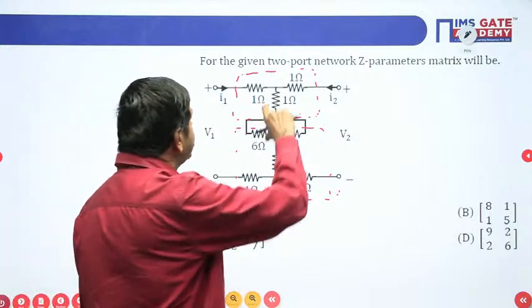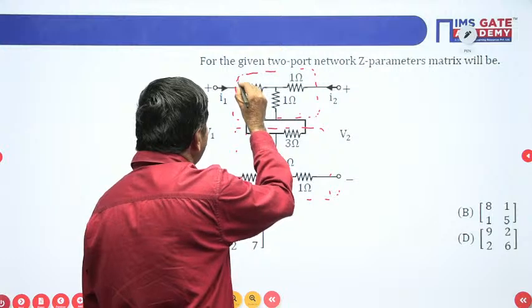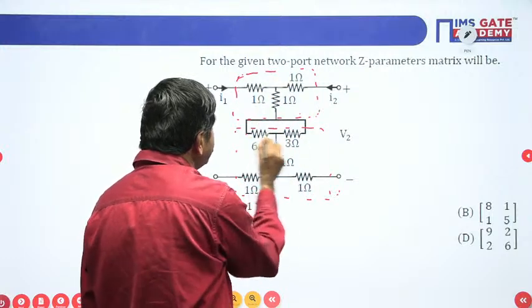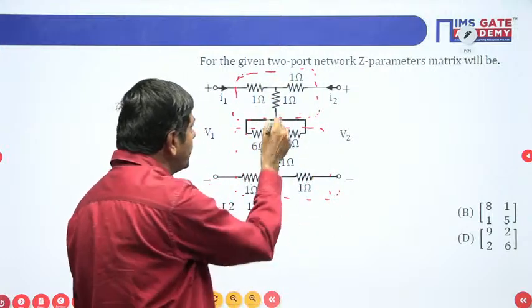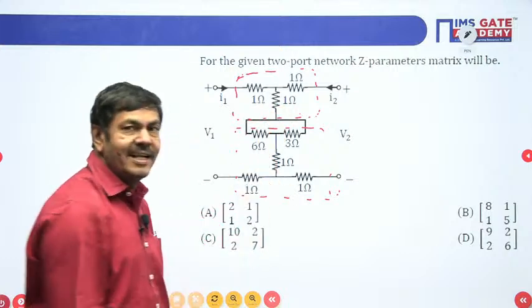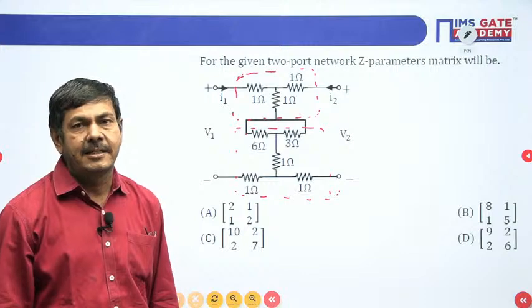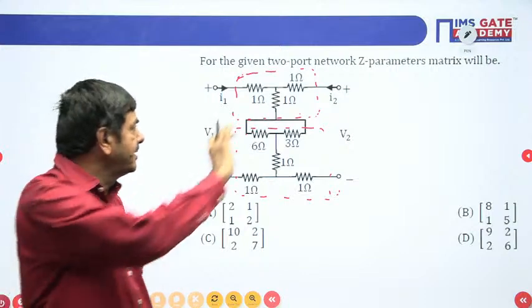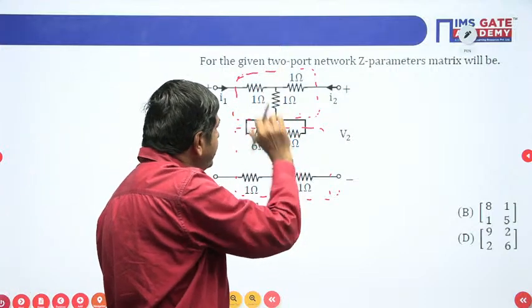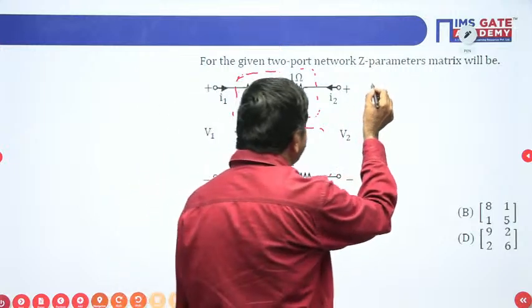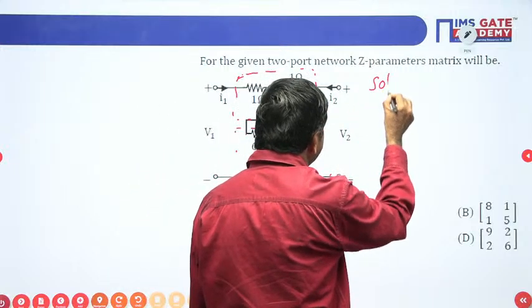Initially, you find the Z parameters of this network up to this extent. Then the Z parameters of these two are connected in series only. At that time, directly the total Z parameter equals ZA plus ZB. ZA is that of this network, ZB of this network. I wish to take ZA here at first.